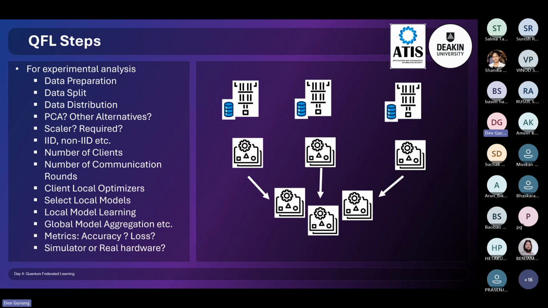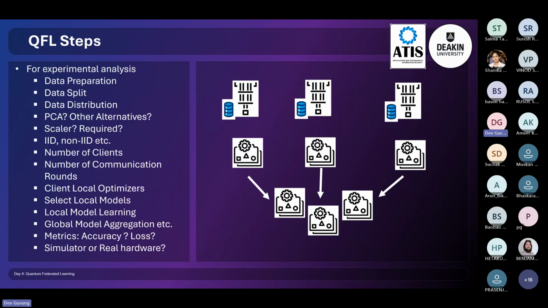And another is scaler. Do we need to scale the data? Does it matter? So we have to answer that question. Another is, do we need to have IID or non-IID? What kind of scenario are we trying to create, right? So that is there.